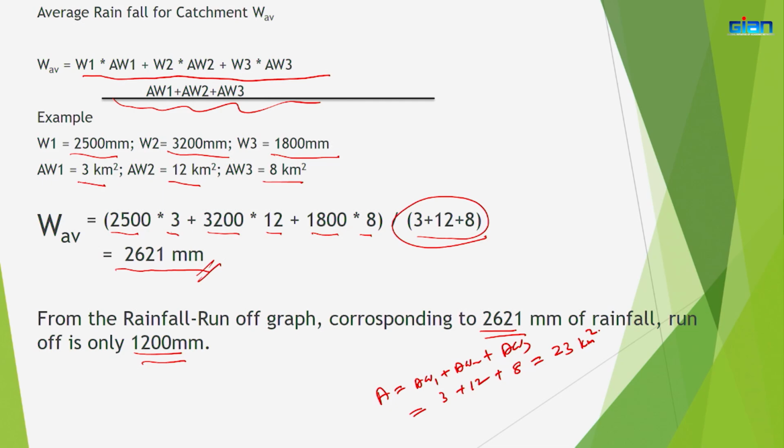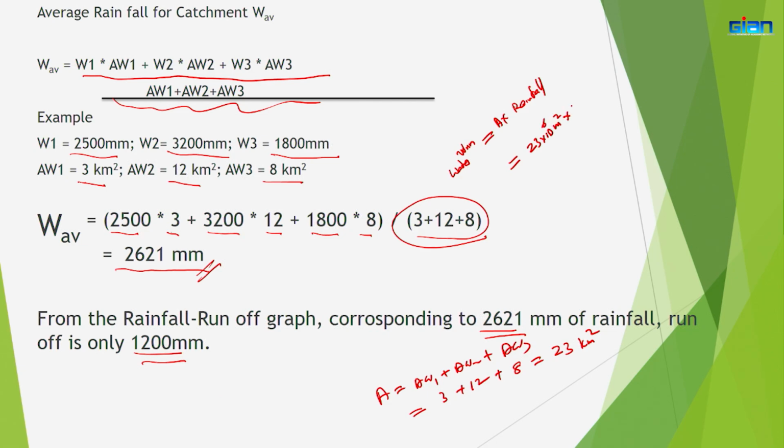Now, I know the water volume coming into my diversion point, right. Water volume coming into my diversion point is catchment area A into runoff. This is the water volume at the diversion point, right. So, that is in this case 23 square kilometers, I will convert it to meter squared by multiplying by 10^6 square meters.